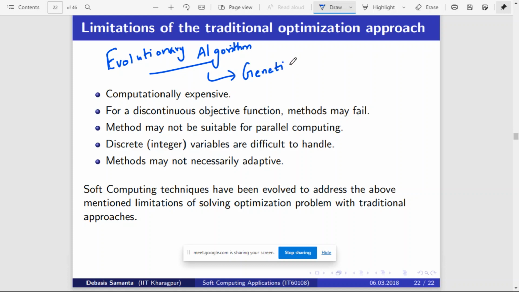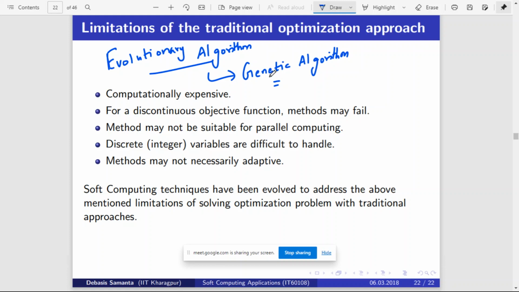So genetic algorithm is also an optimization technique, but it is used to solve a problem which is really complex in nature, and which cannot be solved by using traditional optimization approaches, right? So this is the brief introduction about genetic algorithm.